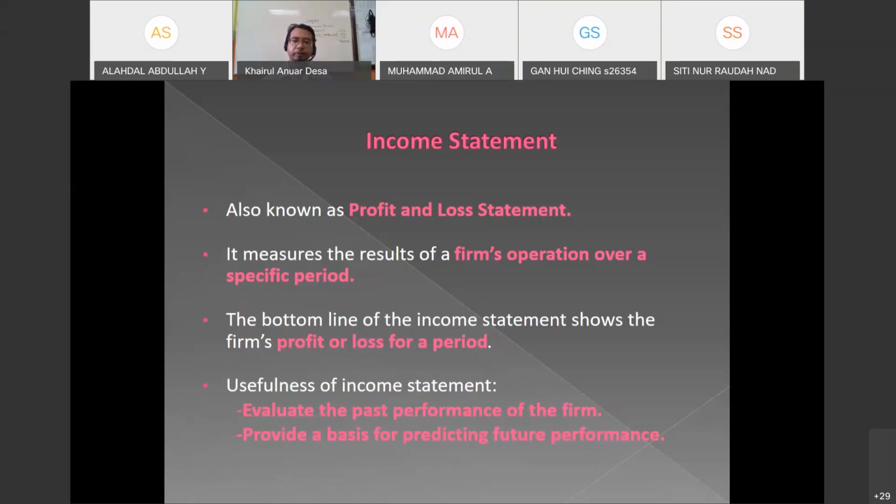Okay, the objective of the income statement is to show the company profits or, in brackets, loss. Okay. So objektif utama penyata pendapatan ini adalah untuk menunjukkan sama ada syarikat untung ataupun rugi pada suatu tempoh setahun yang lepas.